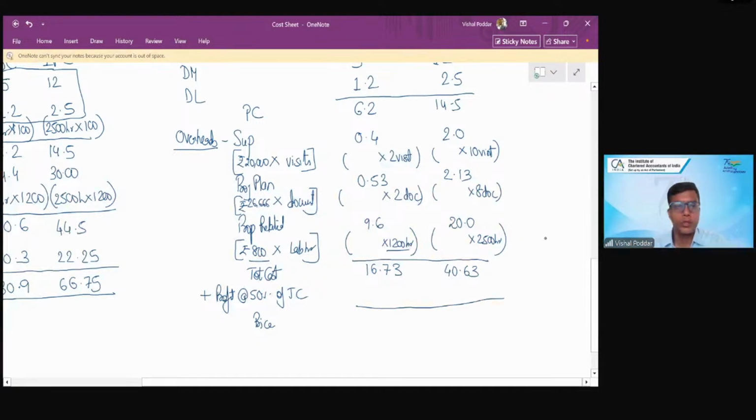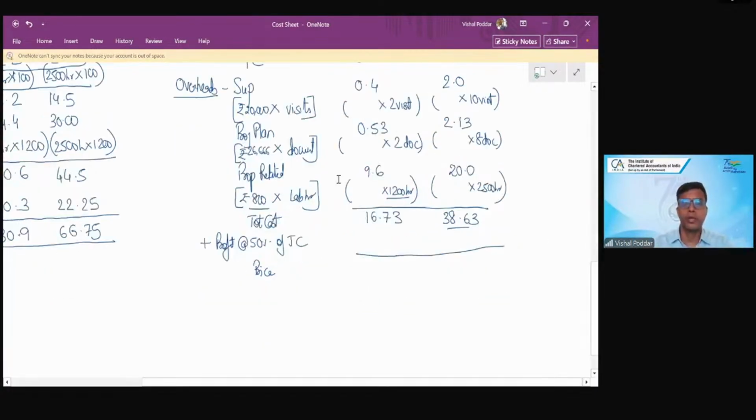Anurag says 16.73, 38.63. This is 38. 4 and 2, 16 and 2, 18. Yes, 38. And then adding 50% for the profit component. Three, 7.